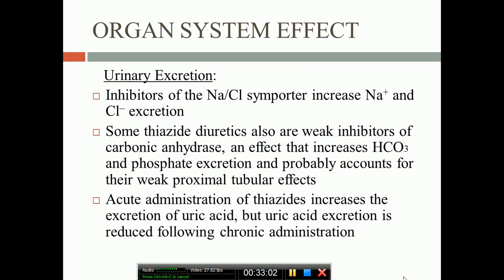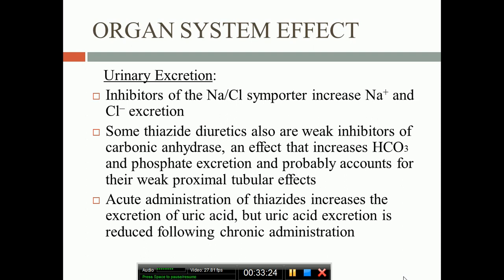So what is the overall organ system effect? Urinary excretion: the inhibitor of the sodium chloride symporter increases sodium and chloride excretion. That is the number one effect. Obviously, because the sodium chloride symporter is blocked, sodium and chloride will be excreted.